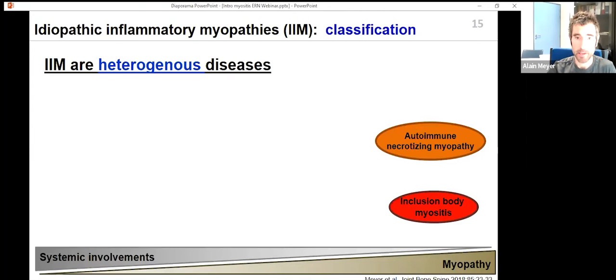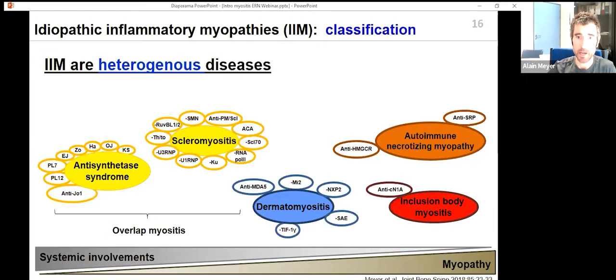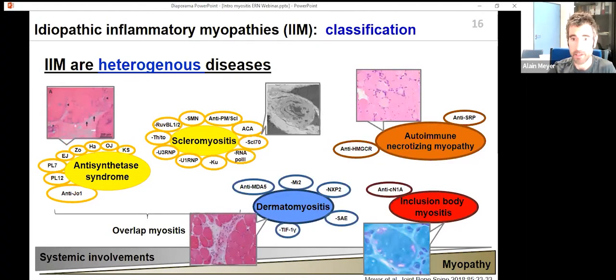On the other hand, extramuscular involvements are at the forefront of dermatomyositis and overlap myositis, which include antisynthetase syndrome and scleromyositis. And each autoantibody is associated with these subtypes, and several histological patterns are associated with these subtypes.